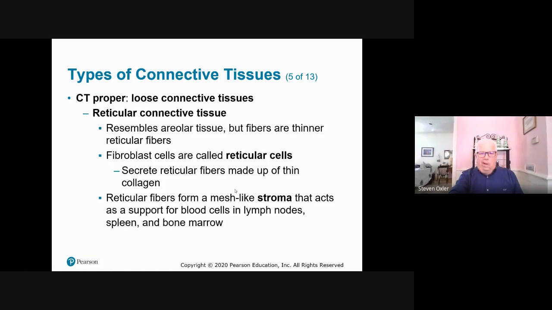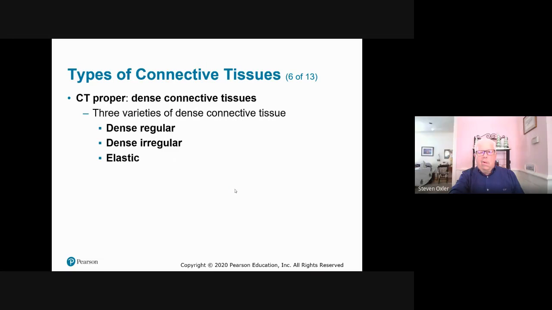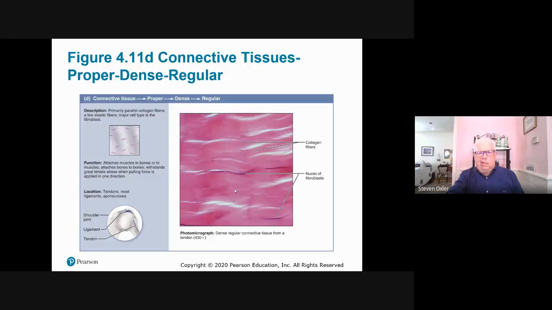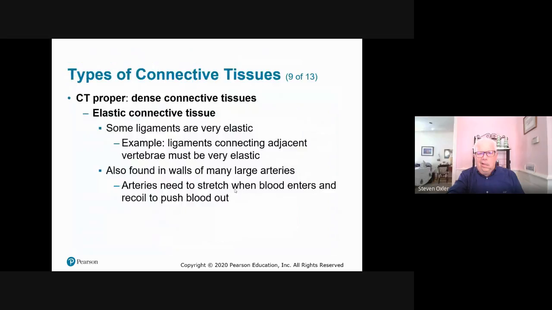You don't have to know about reticular connective tissue. It's not important. The only thing you have to remember about dense connective tissue is elastic tissue. We'll talk about elastic tissue. Don't worry about dense regular. Don't worry about dense irregular. I'm going to focus on elastic connective tissue.